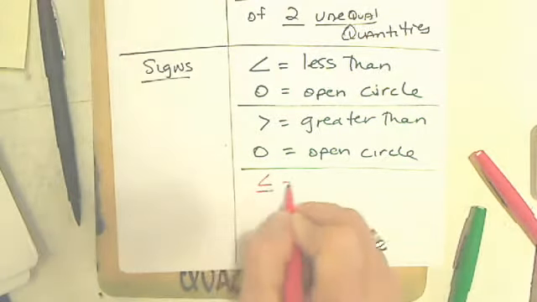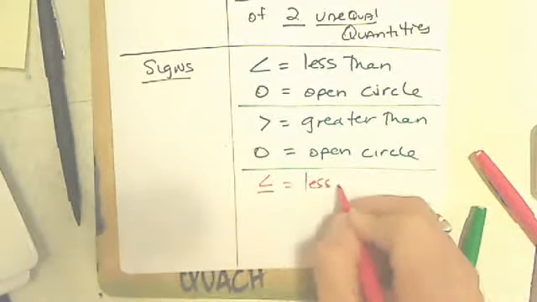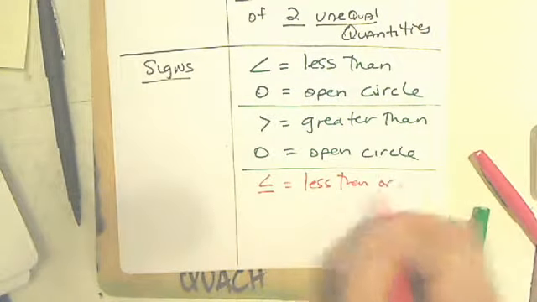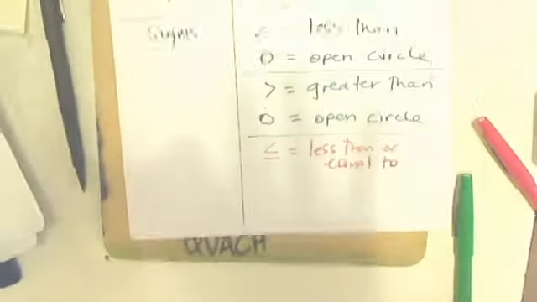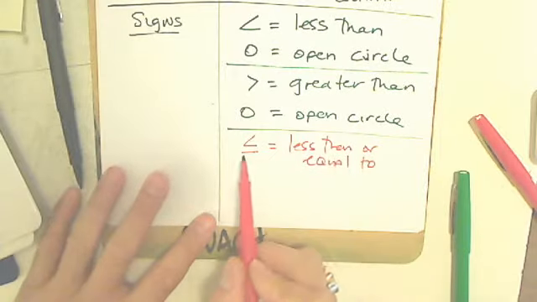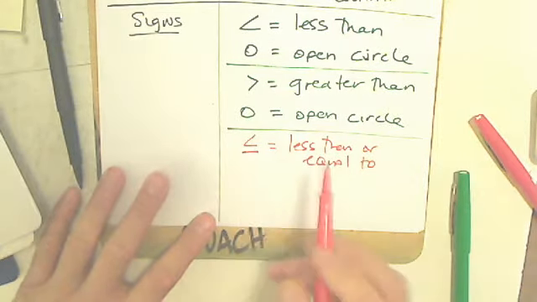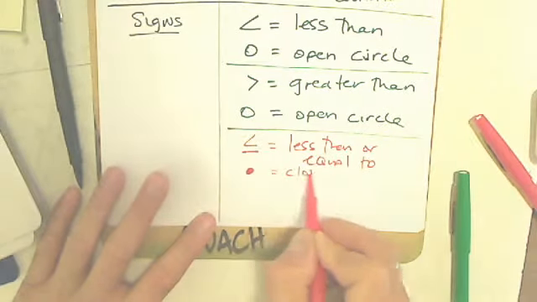Less than or equal to. There's a line underneath. This is a closed circle.